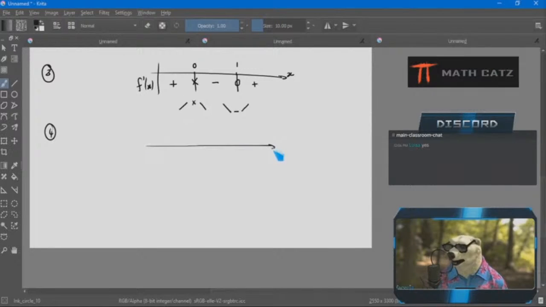Second derivative information. They tell me the x values are split at 0 and 2. The second derivative sign is plus, plus, minus. The second derivative is undefined at 0.